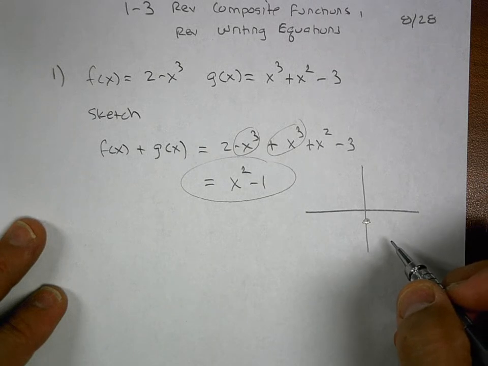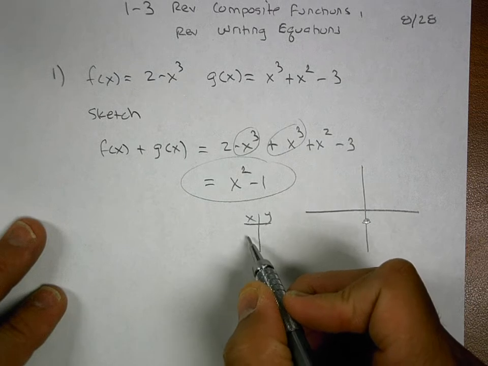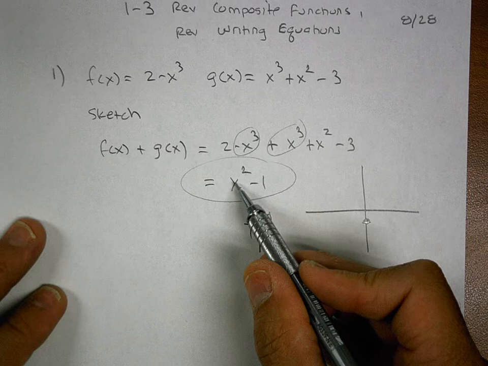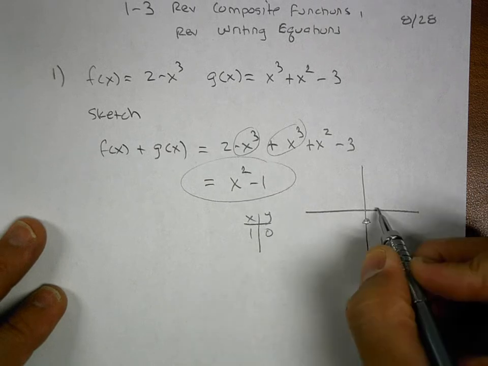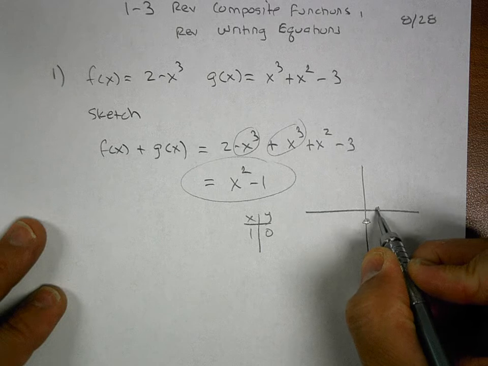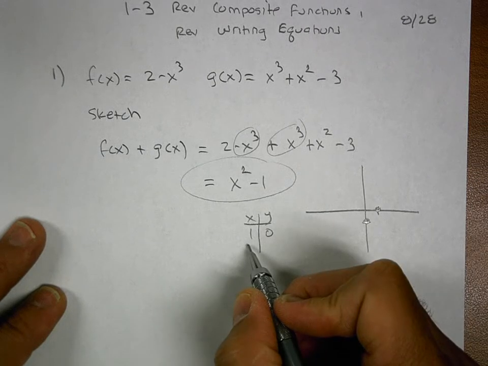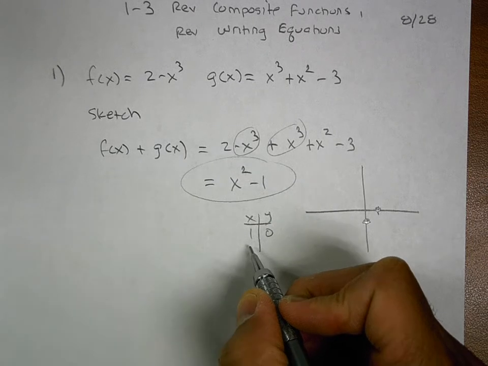Let's pick another point. What's another point we want to pick? Positive 1's a nice easy one. So 1 squared is 1, 1 minus 1 is 0, nice and easy. 1 comma 0. If we had to pick another one, x equals negative 1 is fine.